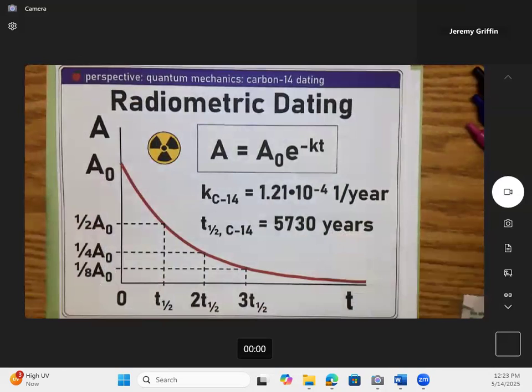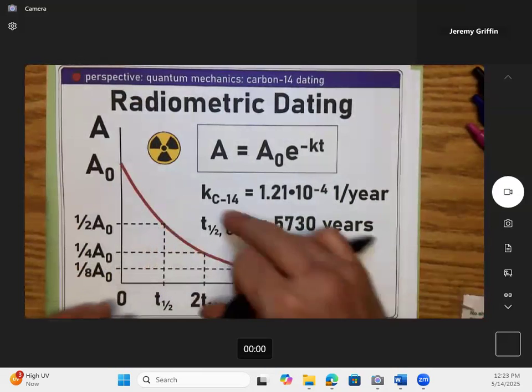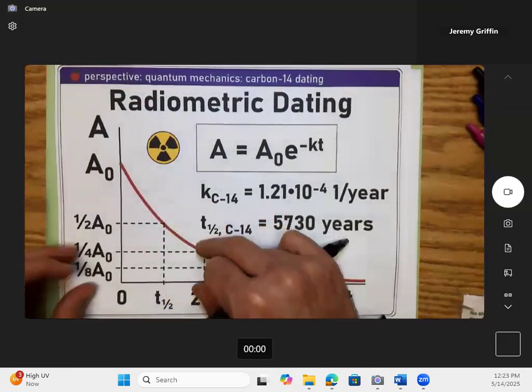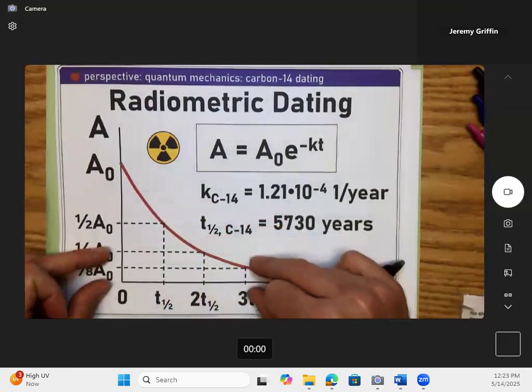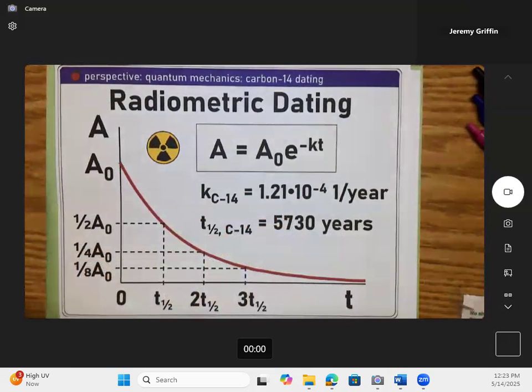Like carbon-14, I know, decays into nitrogen, and nitrogen would be stable from there on. Right? So if you start off with like 5,000 atoms, then after one half-life, you have half of that, like 2,500 atoms. After another half-life, you have half of that, and then half of that. So right, half of a half would be a quarter of what you started with. Half of that would be 1/8 of what you started with. Right, so you guys see that process.